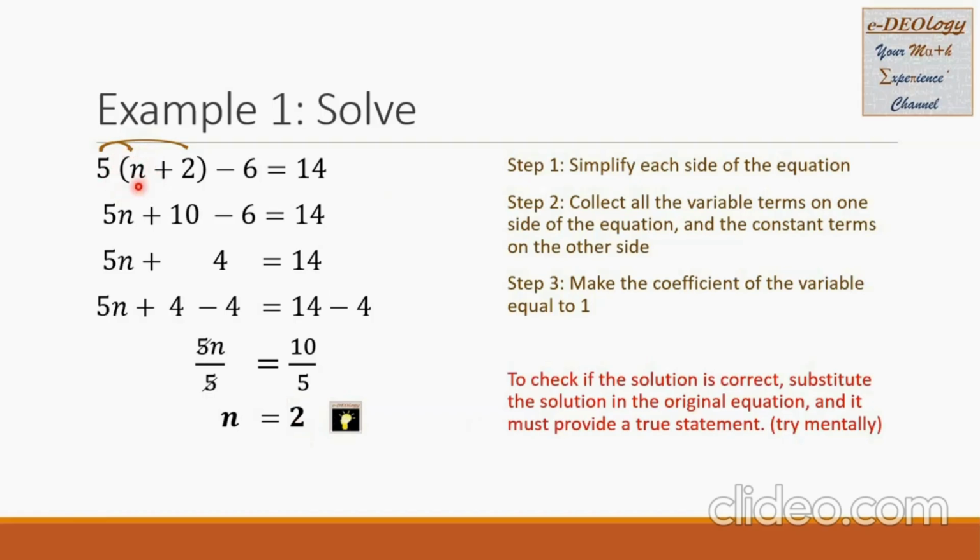So if this is 2, it will be 2 plus 2 equals 4. And then the 4 times 5 will be 20. And the 20 minus 6 equals 14. So we were able to check that this value will make a true statement in our original equation. So this is now our correct and final answer.